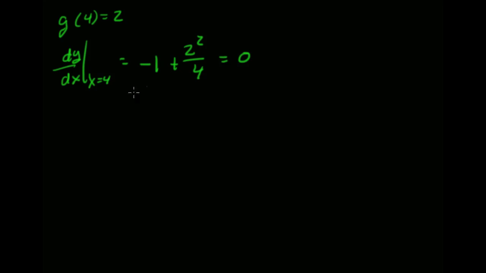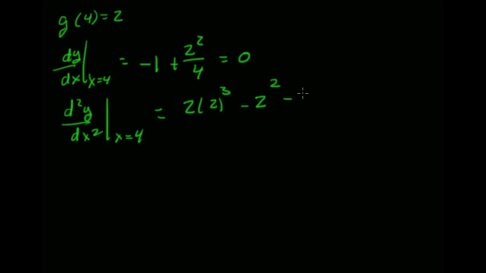So it is in fact a critical point. Now that I know that it's a critical point, I have to determine the concavity at that critical point. So I take the second derivative, which I had in part A, right? So I say 2 times y cubed minus y squared minus 2xy over x squared.